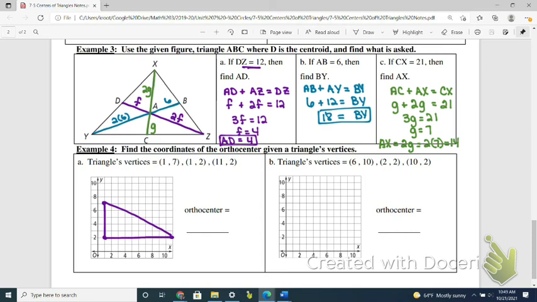So we are going to find, in this case, this is a right triangle, right? So the orthocenter, the only one I need to really do for the perpendicular, because my other perpendiculars are there, is the hypotenuse.